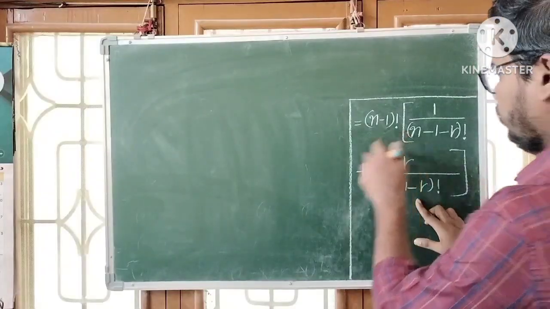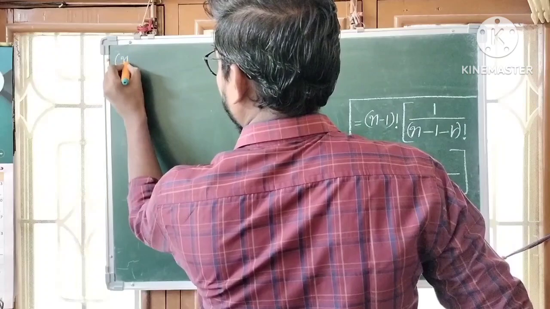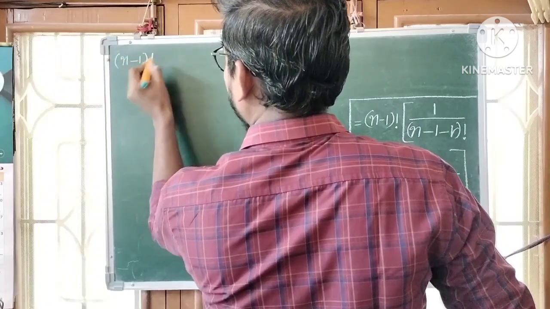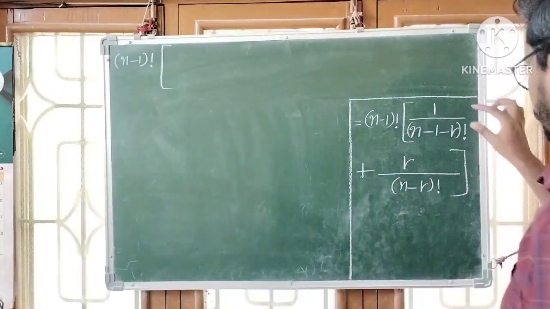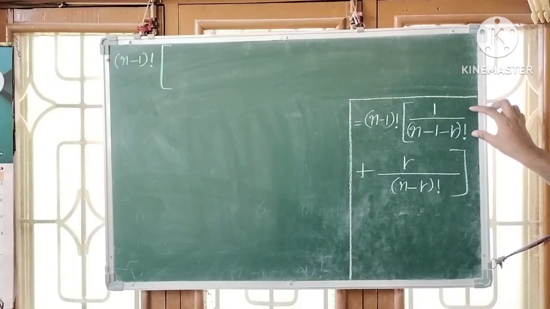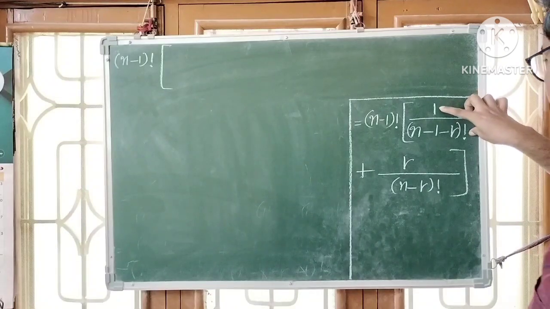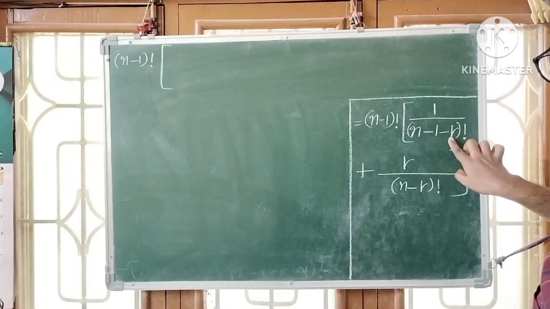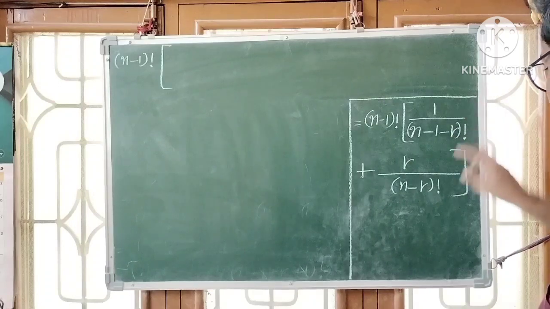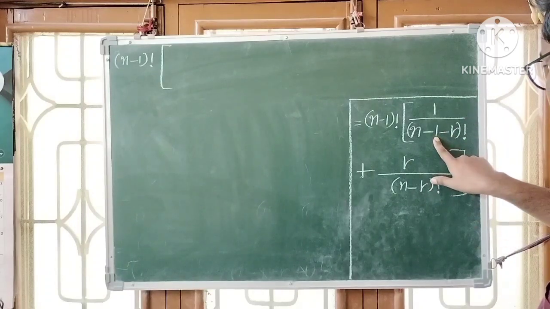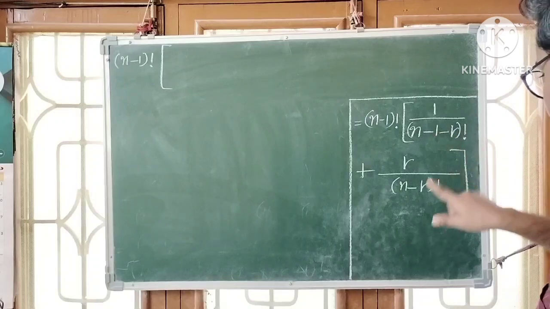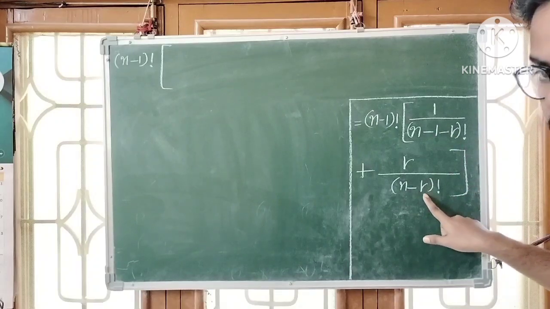Next, n minus 1 factorial into, here we have 1 by n minus 1 minus r factorial. Here the denominator is n minus r minus 1 factorial. Here the denominator is n minus r factorial.